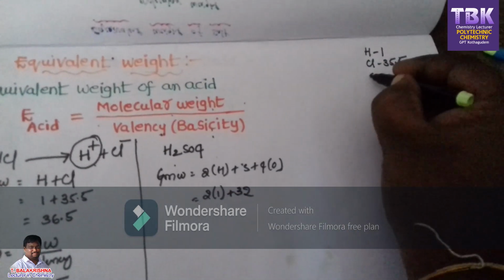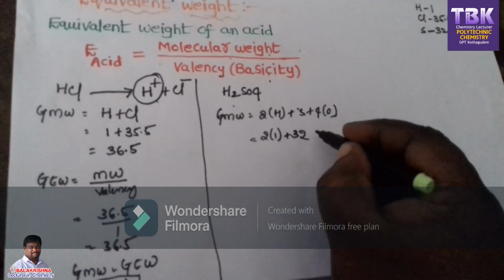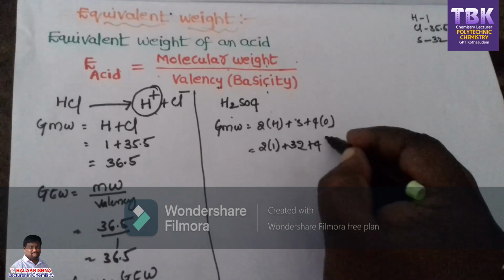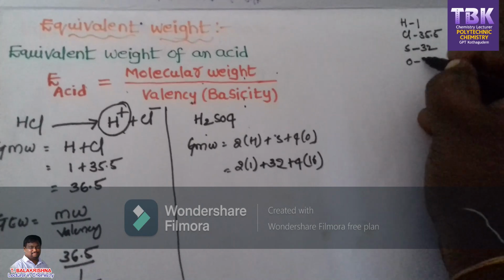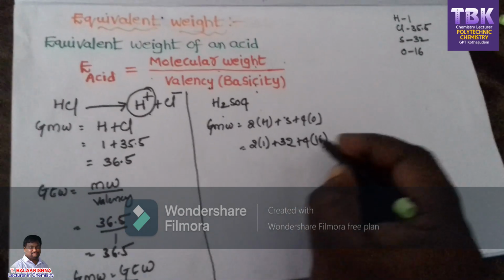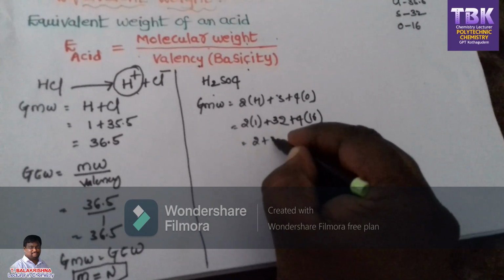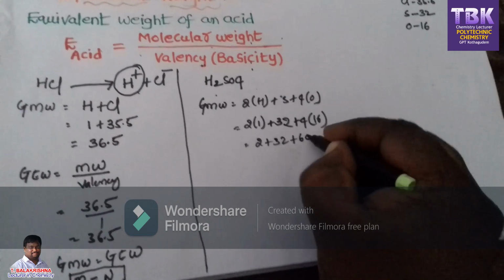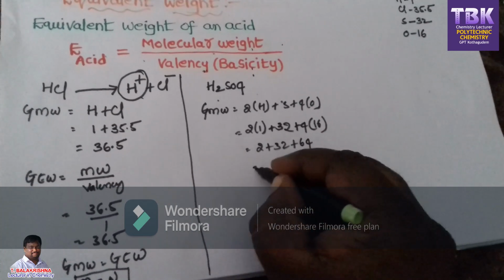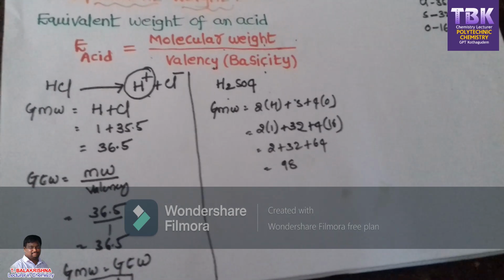Sulfur atomic number 16, weight 32, remember that value, plus 4 into oxygen weight 16. Oxygen atomic number is 8, weight is 16. So 2 plus 32 plus 64, total it is 98. 98 is the gram molecular weight of H2SO4.